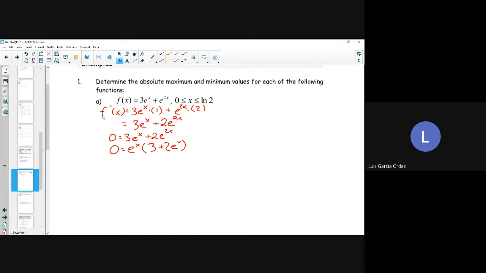Which means that I have e to the x equal to 0, and I have 3 plus 2 times e to the x is equal to 0. So if I take the ln of both sides of e to the x equal to 0, I get ln e to the x is equal to ln of 0.